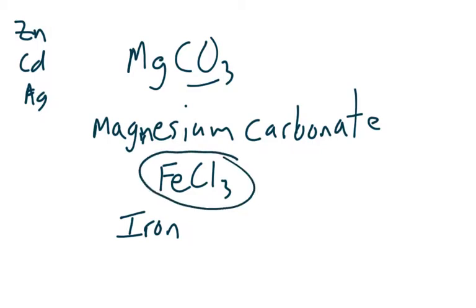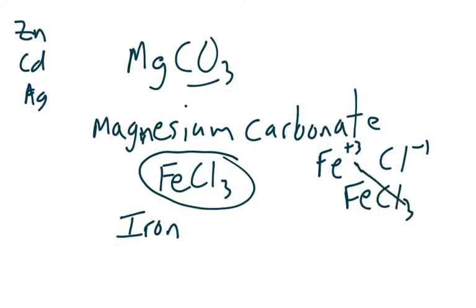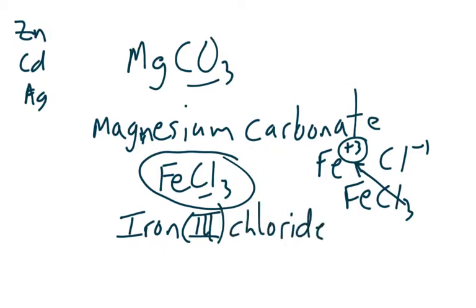Think about it. That 3, if you uncrisscross it, that 3 came from the iron. Okay, if you re-crisscross this, you get this. That 3 came from the iron. So the iron that you were using was the +3, so you're going to use a Roman numeral 3. And then remember the nonmetal chlorine, change it to chloride. So it'll be iron 3 chloride.